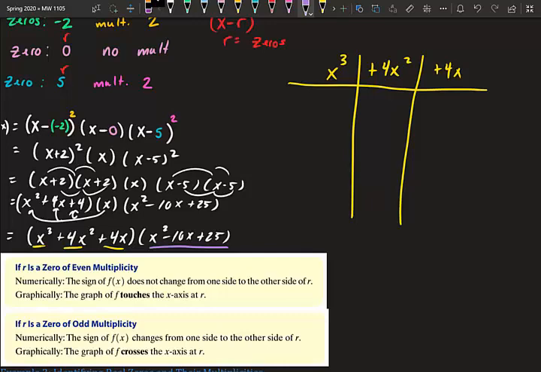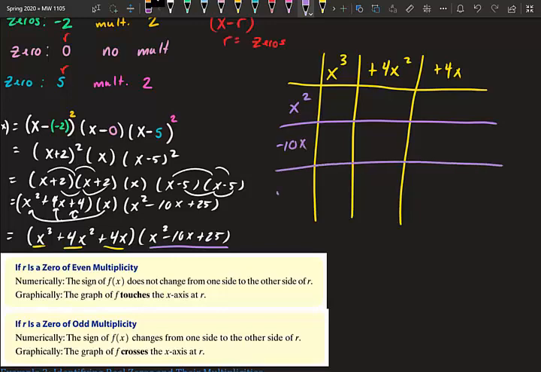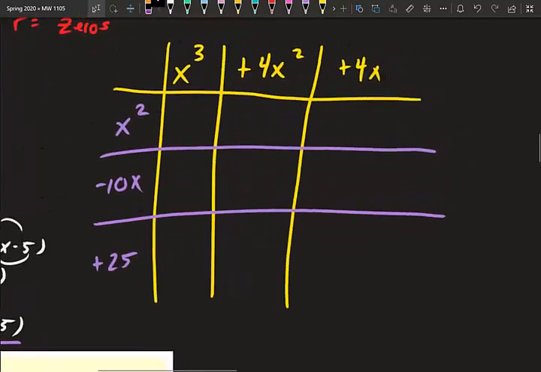We have x squared, negative 10x, and positive 25. So I write them vertically and horizontally for however many terms they have. And now we're going to multiply.